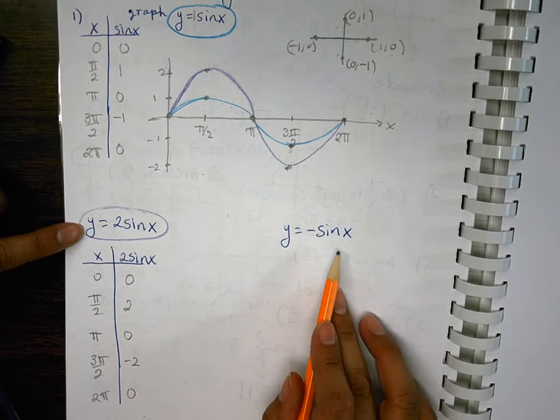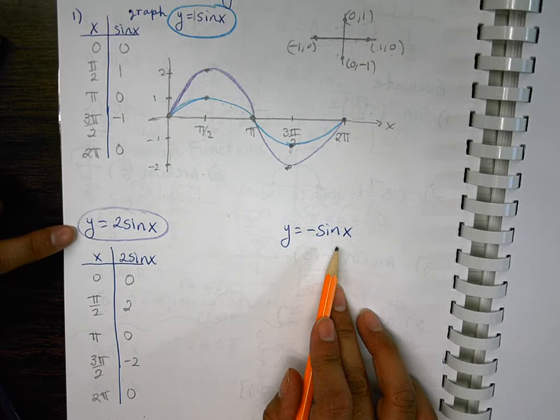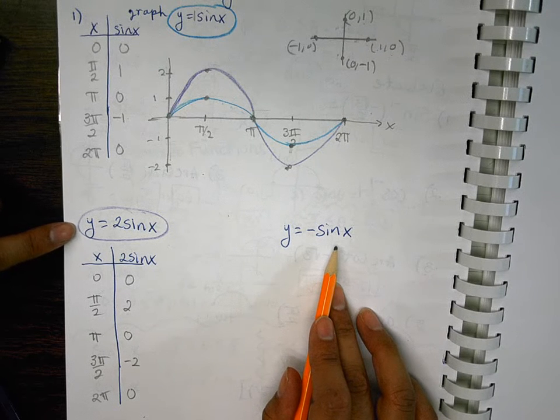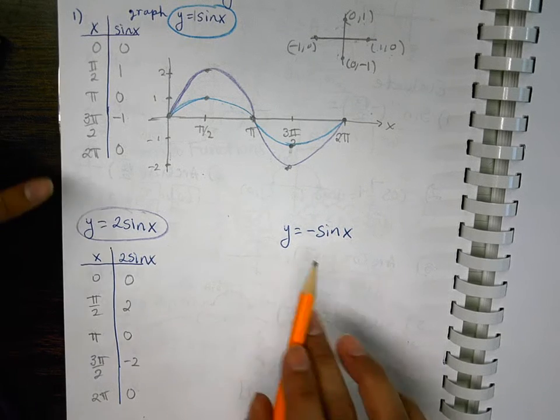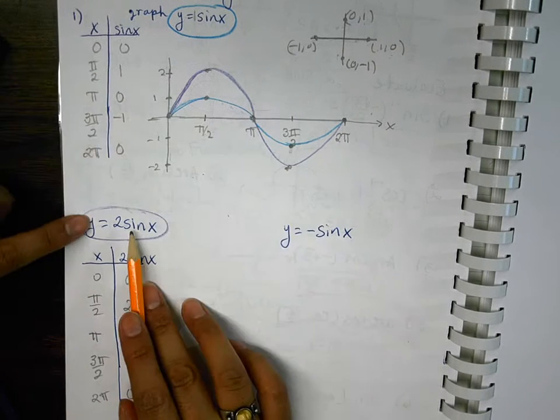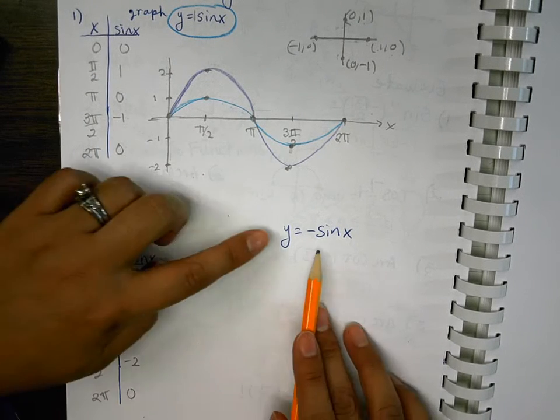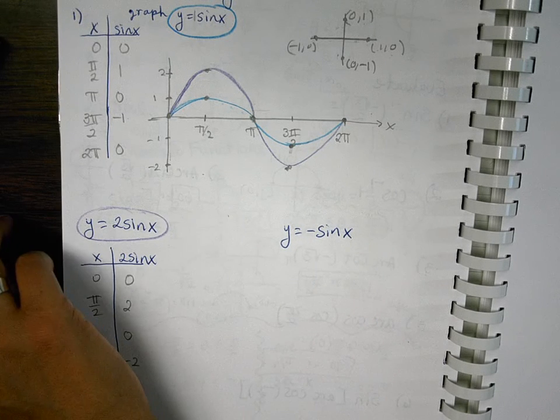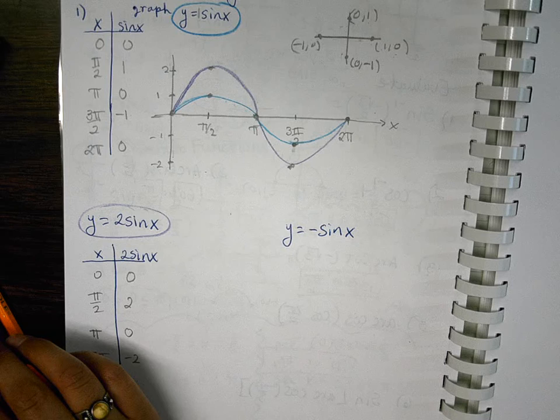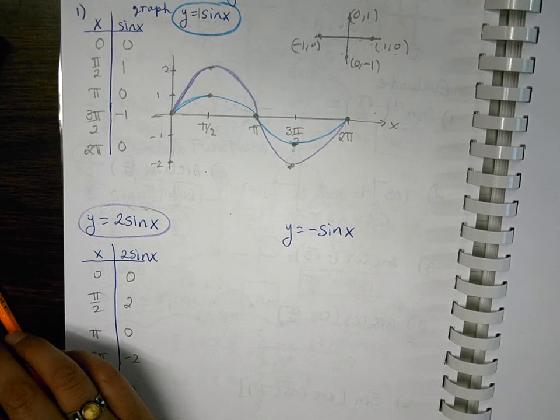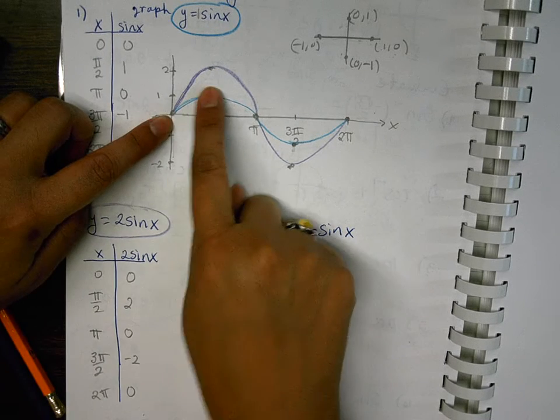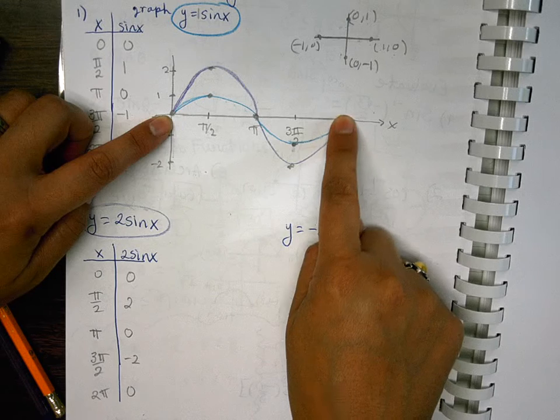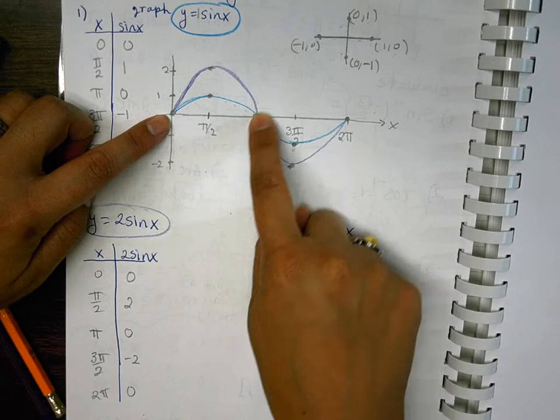Anyone remember what the amplitude is here? It's 1. Is amplitude ever negative? No. Absolute value of your coefficient. Absolute value of 1 is 1. Absolute value of 2 is 2. Absolute value of -1 is 1. Does anybody remember what the negative does to your graph? Okay, so instead of going high and then low, it reverses it. It goes low and then high.